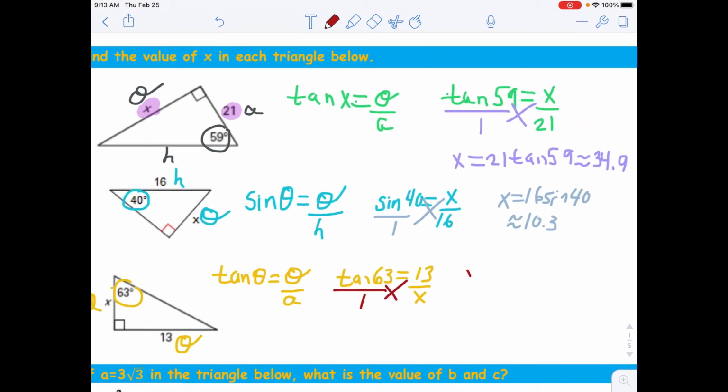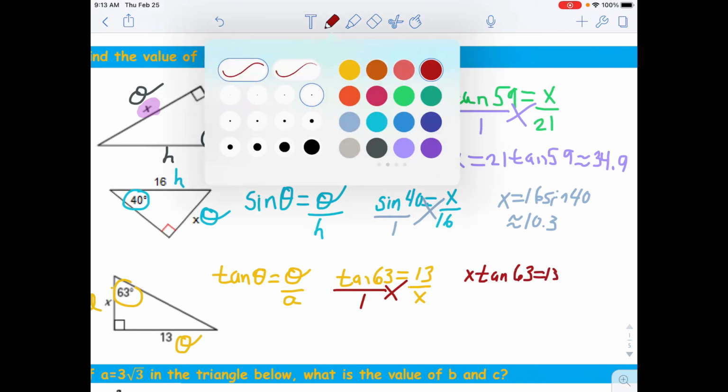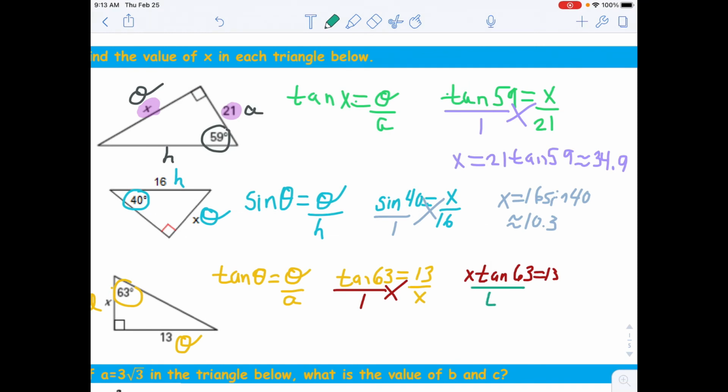It's not always going to be in the same place. It just depends on which trig function we're using and what side lengths we have. So then x is going to equal 13 divided by tan 63. Remember, tan 63 is just some number, so that's why we're treating it like just some number. And it's about 6.6. And that's it.